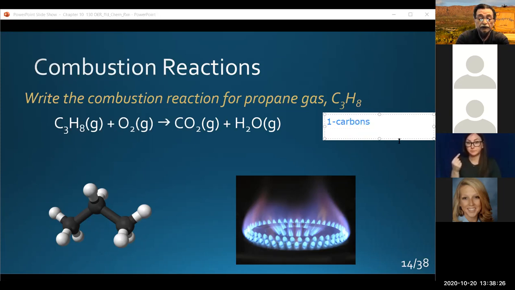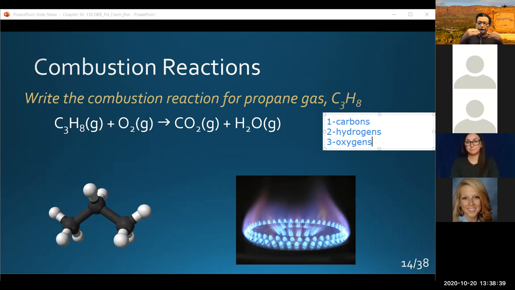Number 2, balance the hydrogens. And then number 3, the last one, balance the oxygen. For combustion reactions of hydrocarbons, if you follow that format, you'll get your balanced chemical reaction.